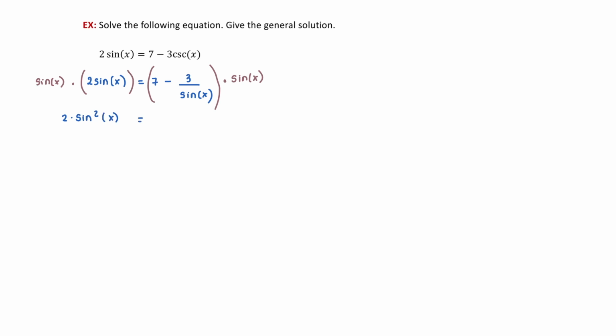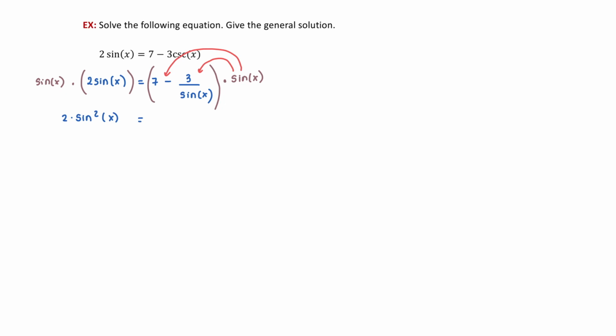On the right side, it is super important to remember that you have to multiply every single term by sine x. So this is the distributive property. That means that this factor multiplies every single term that is within brackets.